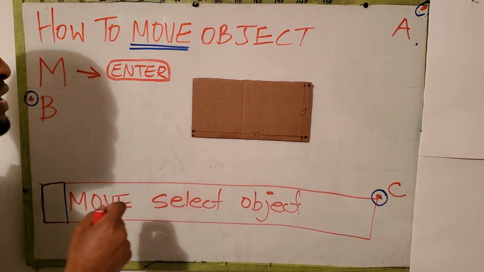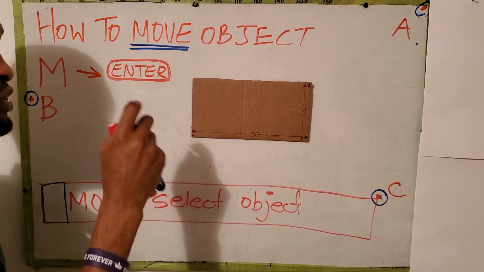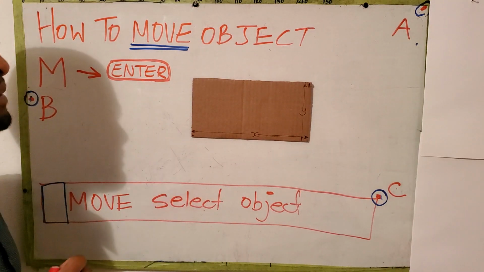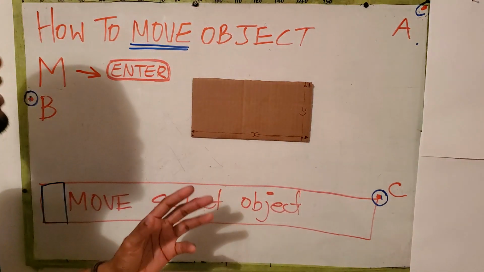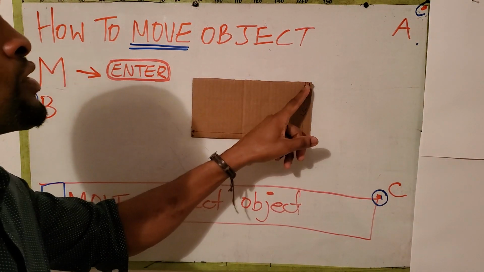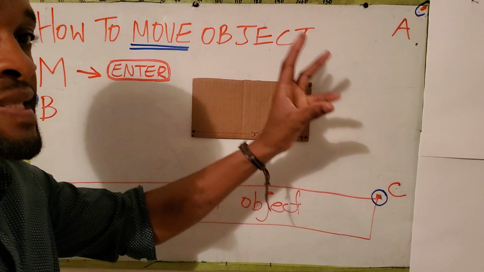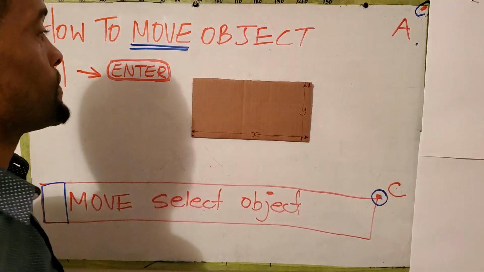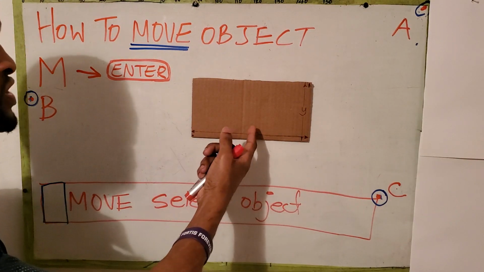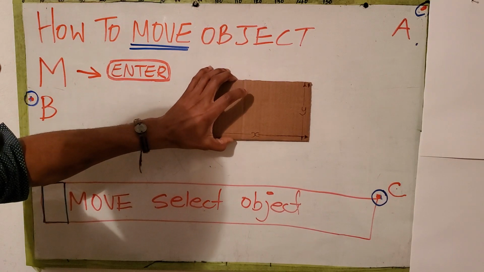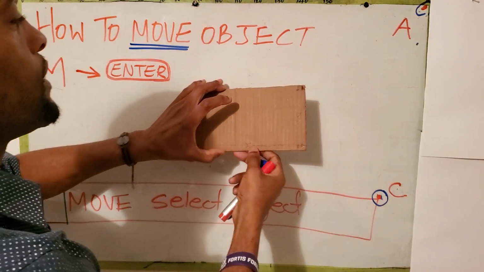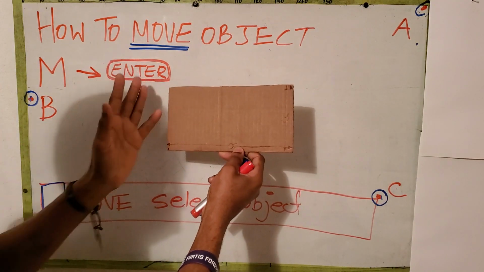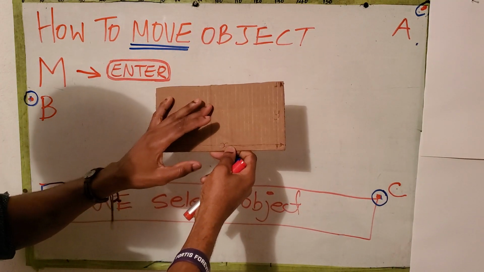A base point is a point that you will be using to move the object by. Or it is a point that you want to align or snap onto some other point. Okay? Say for example, I wish to move this object from here to this point here, up here. I could choose anywhere as a base point on the drawing.